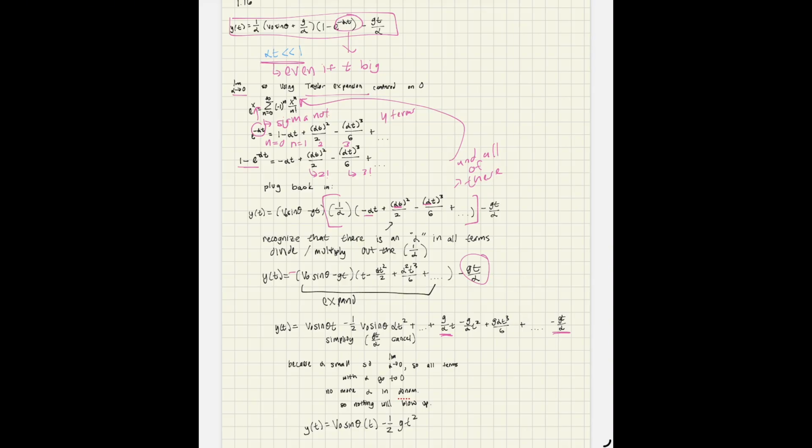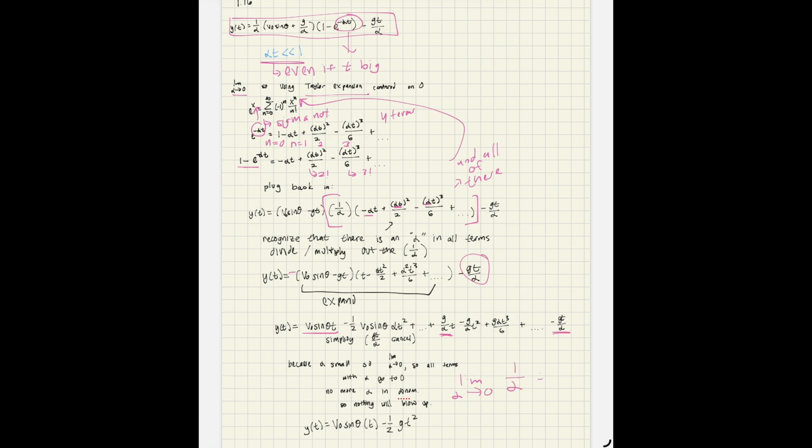When we take these limits mathematically, if applicable, you can just plug in 0. So now we see that we only have 2 terms without alpha, which are v naught sine theta t and negative half gt squared. We also have no alphas in the denominator, which would be bad, because then it would blow up to infinity and this wouldn't work.